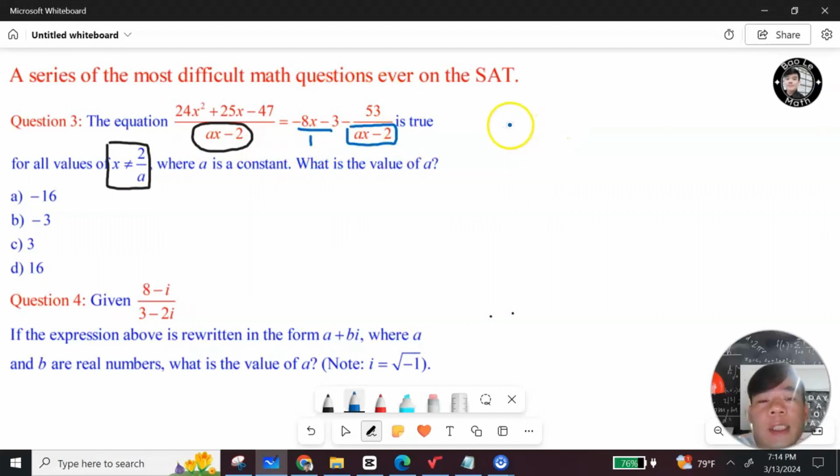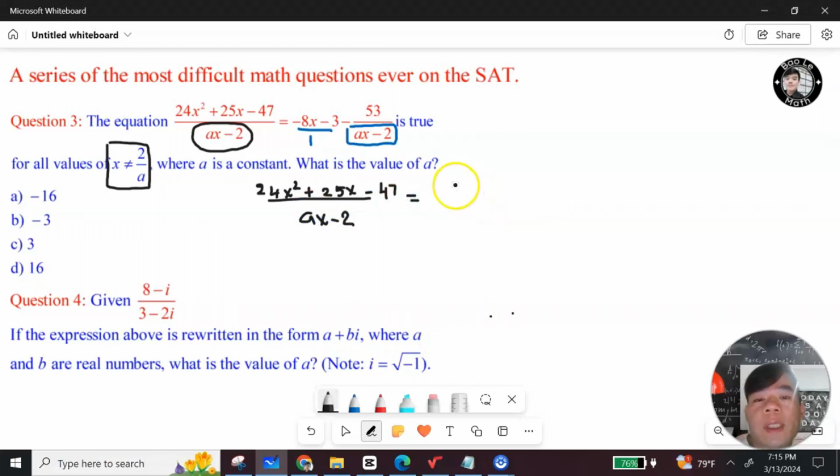So basically, I just write 4s squared plus 25s minus 47 over as minus 2 equal the right hand side. We multiply the top and bottom of this guy by as minus 2.